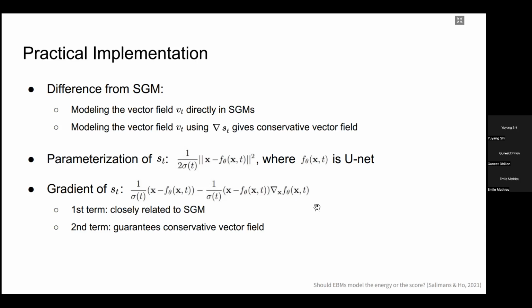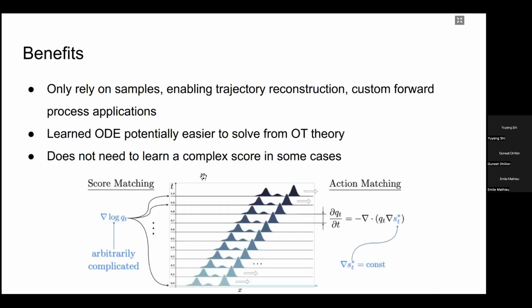Yeah. So this kind of parameterization is what the authors of the action matching paper also adopted for learning S_t. Now I go through the argued benefits of their proposed approach.